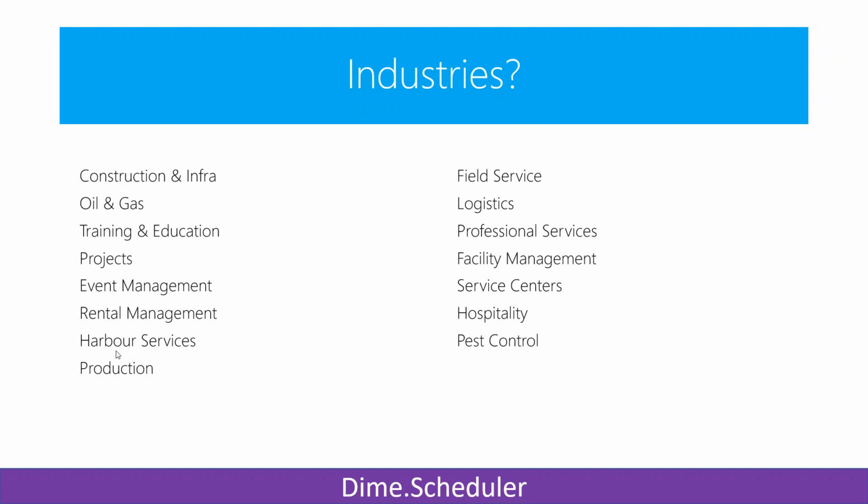A very strange installation is in harbor services. In harbor services, the ships are the orders or the tasks, and the quays are the resources. And it makes sense because the ship may be an oil tanker, and it will go to the oil harbor and not to the container port or the container quay. Therefore you can see you can use it for very different scenarios.